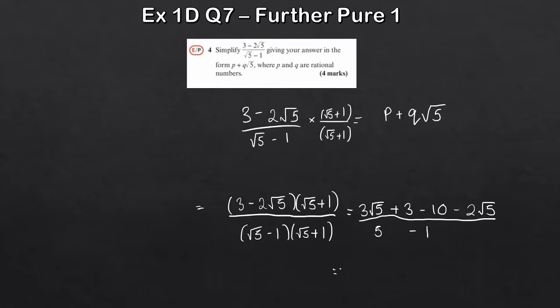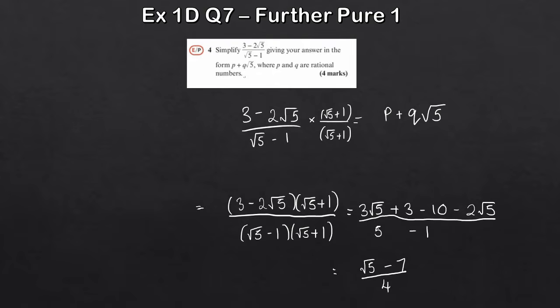So now we simplify. I've got 3 root 5 minus 2 root 5, so that's just going to be 1 root 5, or just root 5. I've got 3 minus 10, so that's going to be minus 7. And on the denominator, 5 minus 1, giving me 4.